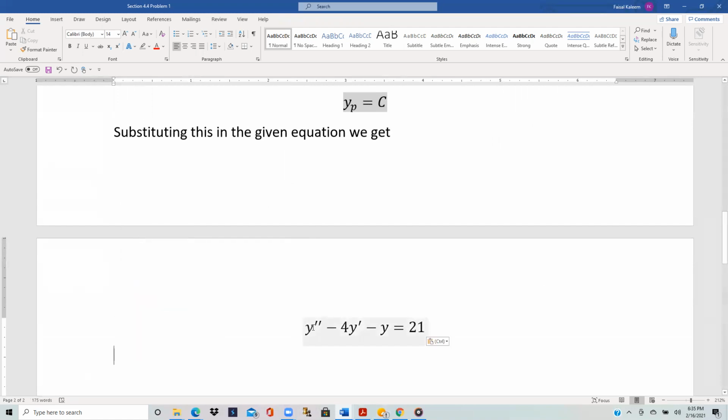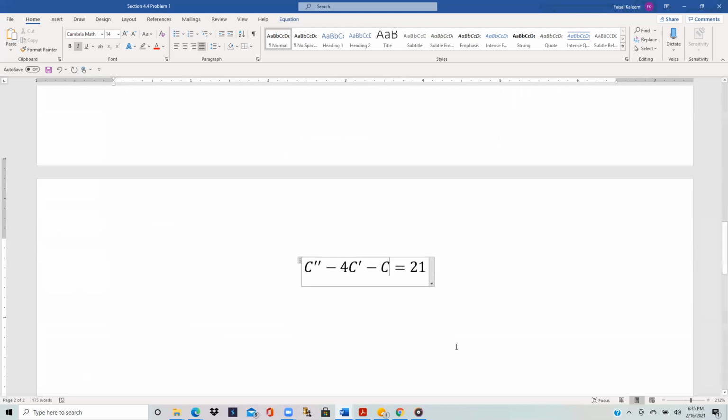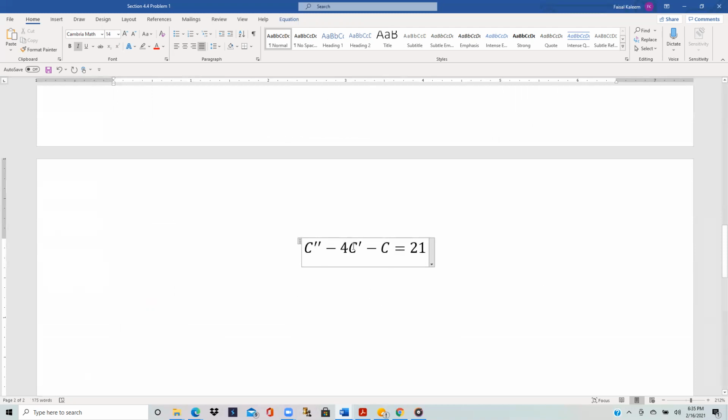And instead of y double prime, we will have c double prime. For c prime, minus c is equal to 21. And now the derivative of a constant is 0.